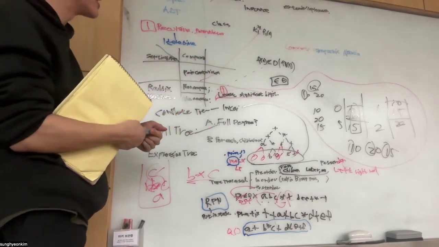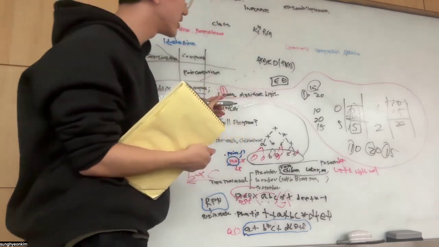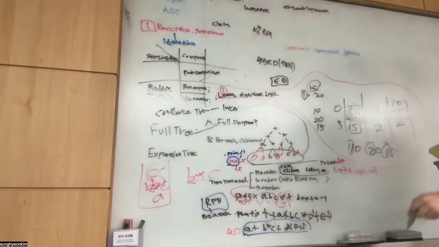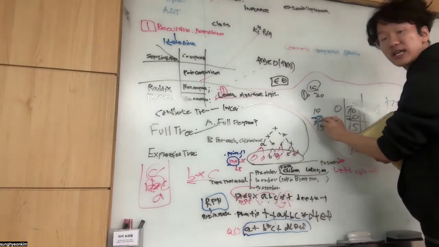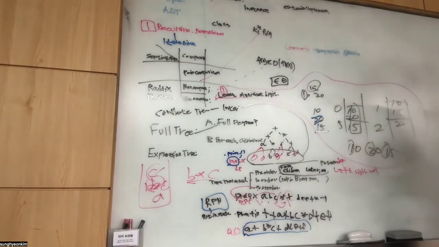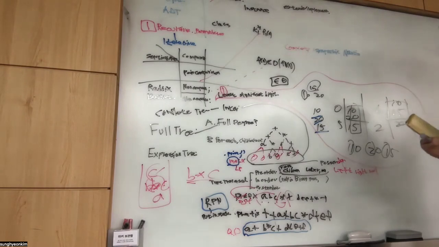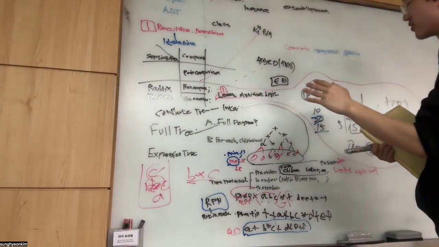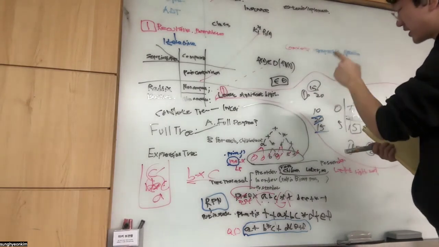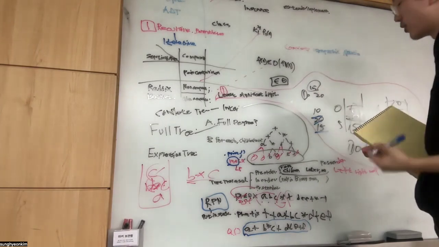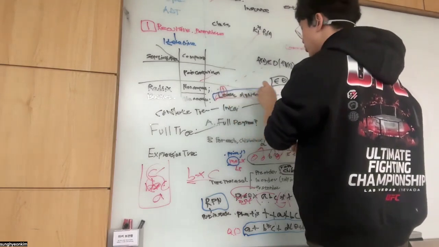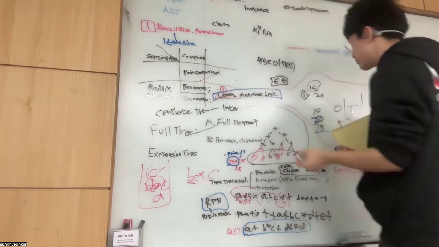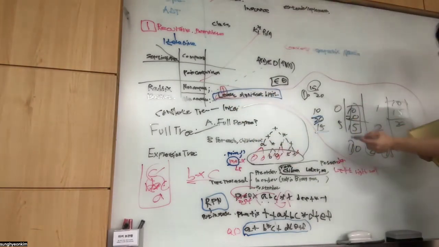Another interesting thing is they use the least significant digit, which means if we are going to sort 10, 20, 15, we usually compare the most significant digit, which is comparing 1, 2, and we can easily organize it. But for some reason in computer science, they use the least significant digit, which means they compare 0 and 5 first.